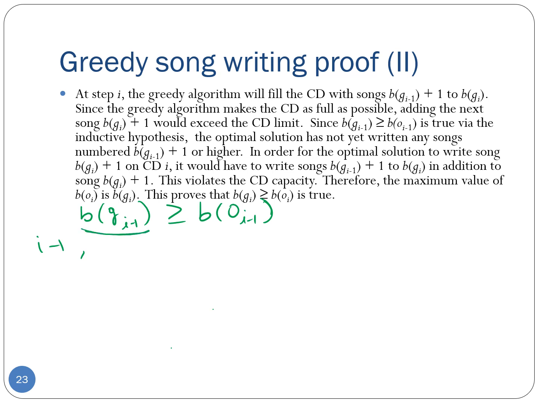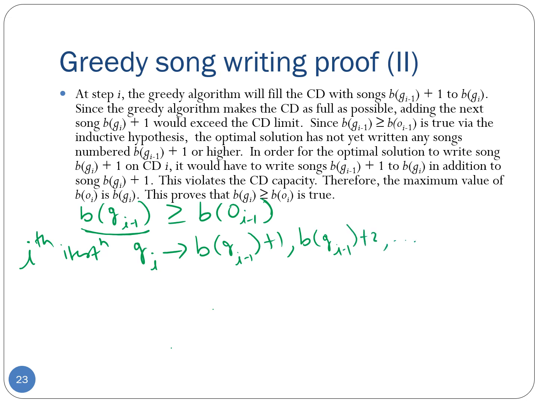So in the ith iteration, the greedy algorithm will write songs starting from B of G_{i-1} plus 1, then B of G_{i-1} plus 2, and so on all the way up to B of G_i, such that adding B of G_i plus 1, this song will exceed the CD capacity. So this is the set of songs that the greedy algorithm will write on CD i.